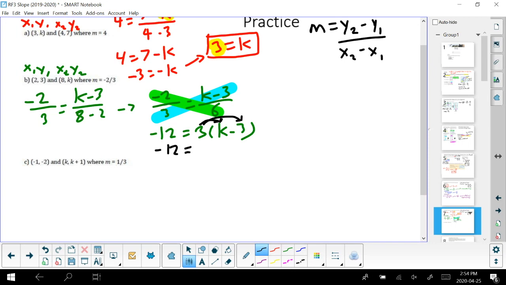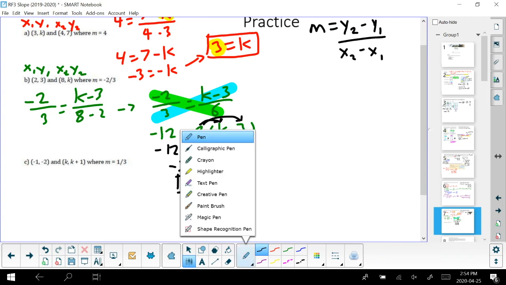So we end up with negative 12 is equal to 3k minus 9. We can add 9 to both sides. So negative 3 is equal to 3k. And finally, when we divide both sides by 3, we'll get negative 1 is equal to k, otherwise known as k is equal to negative 1.